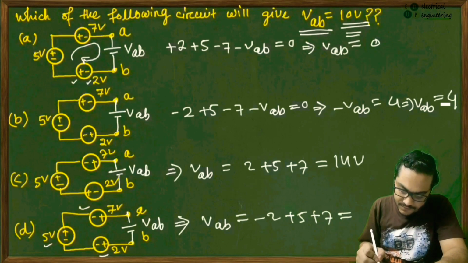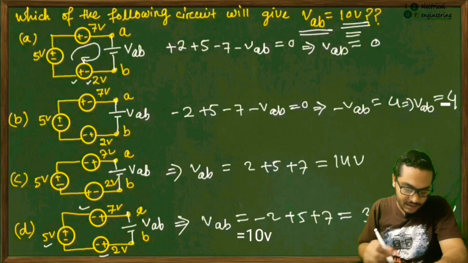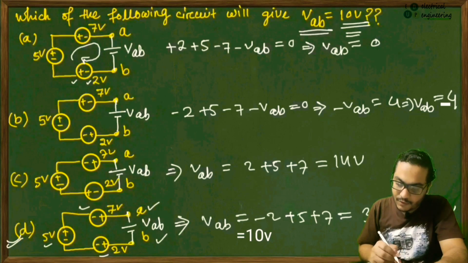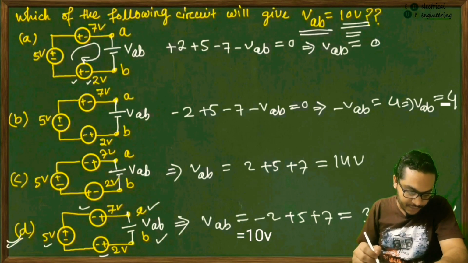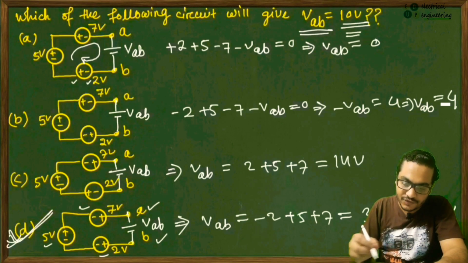So this is 3 plus 7 equal to 10 volt. So your option D will give the terminal voltage across the points AB equal to 10 volt. So option D is your right answer. Now let's move on to the next question.